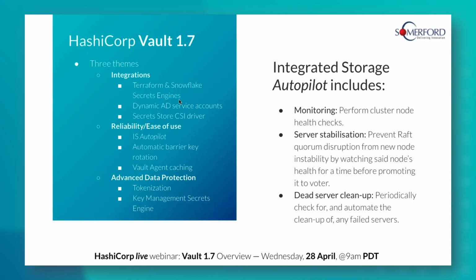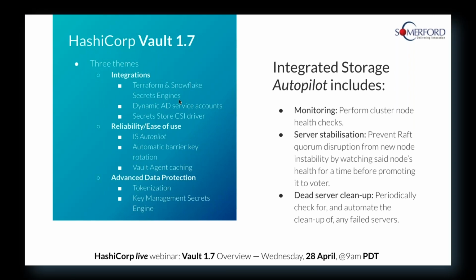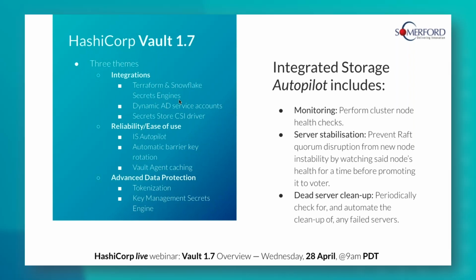And the final one, I talked about this briefly with that tier that's planned, advanced data protection. They've been working hard on this, and tokenization in particular is now GA as well. It had been beta. And there's a few different things in this.